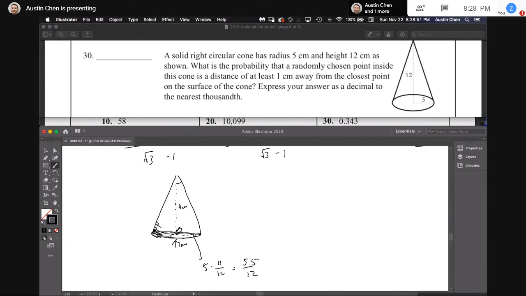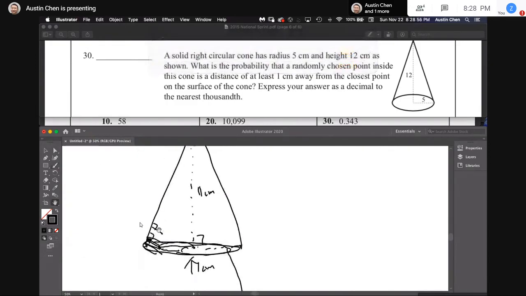Okay, so let's think through this a little bit. Why can't it be more than 1 centimeter? Well, that's pretty obvious because our extensions are only 1 centimeter long, right? Now, why don't we want it to be less than 1 centimeter? Well, then the radius is going to be bigger than what it's actually supposed to be, right? Basically, this 1 centimeter gives us the smallest radius that we can have, right?